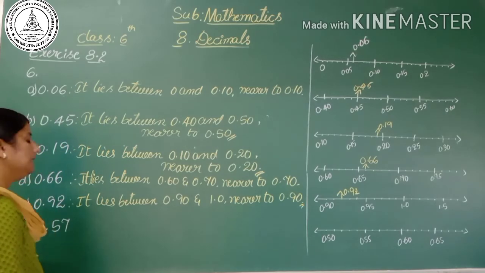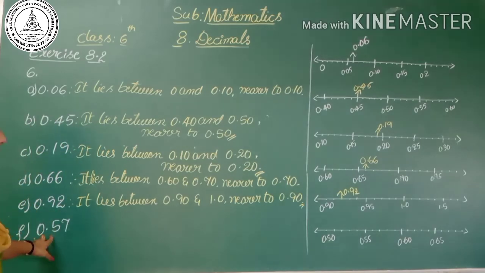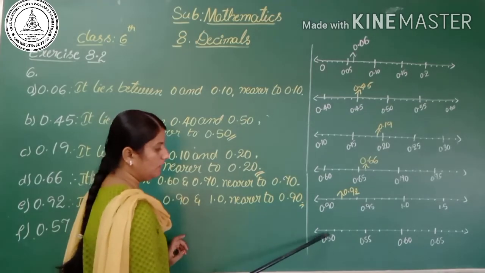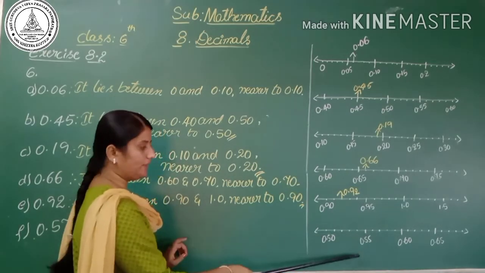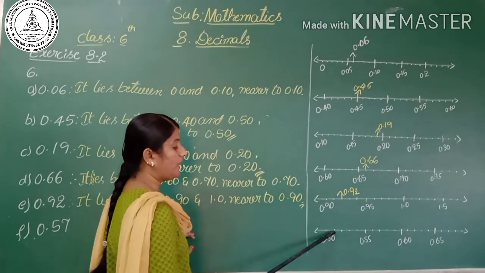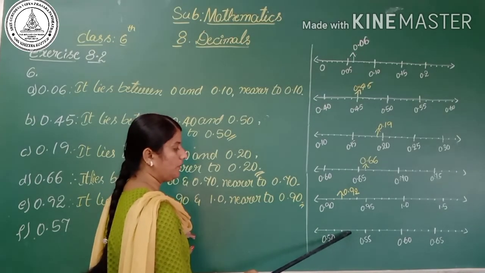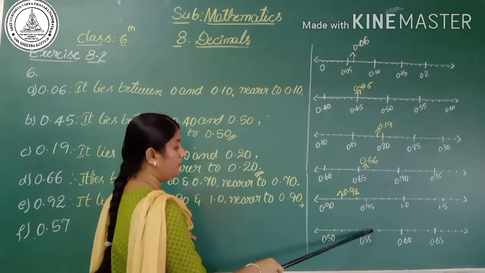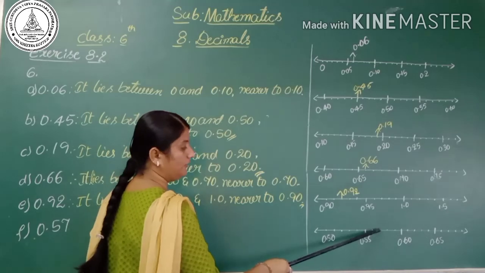Then the last number, 0.57. So 0.57 lies between... First mark 0.57: 0.50, 0.51, 0.52, 0.53, 0.54, 0.55, 0.56, 0.57.